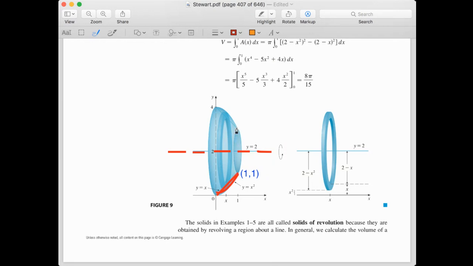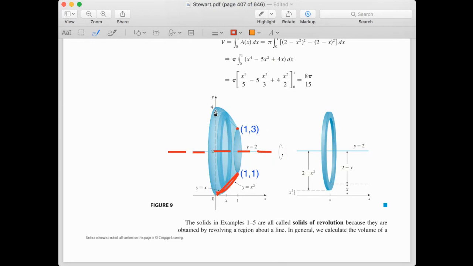After rotating, this point becomes (1, 3), because the x value does not change, only the y value, since we're rotating over y equals 2. And the new piece is symmetric to the bottom one.